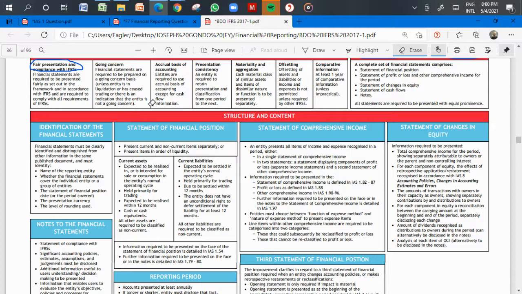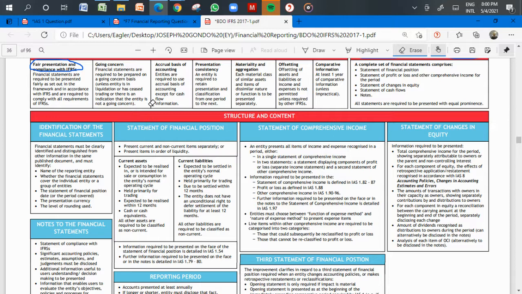But from our previous studies, we know that accruals accounting says you recognize the financial elements not upon receipt of money. Let's say we sell goods on credit.